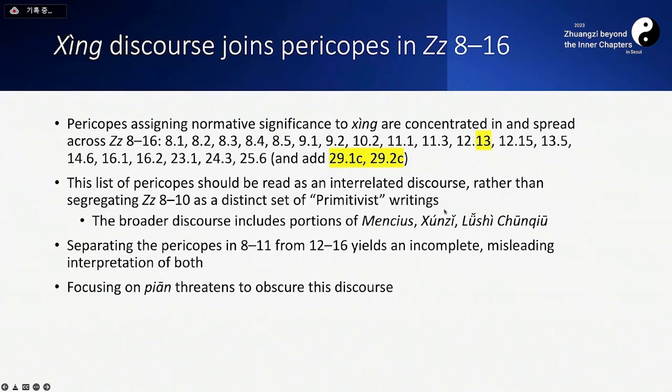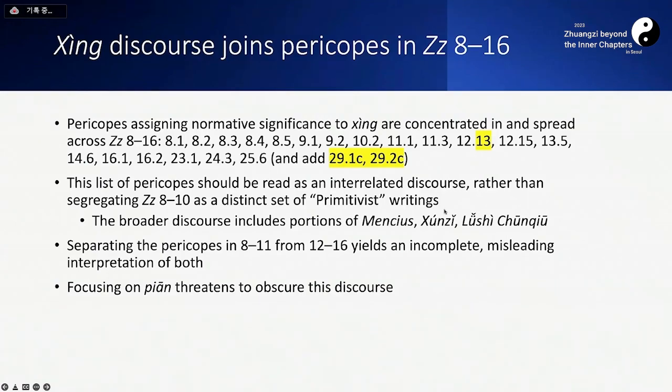So what I want to suggest is that that list forms a discourse that draws together books 8 through 10 with pericopes from the Heaven books and the Mending Nature book, and a few from other highly miscellaneous Piān, in other regions of the Zhuāngzǐ.